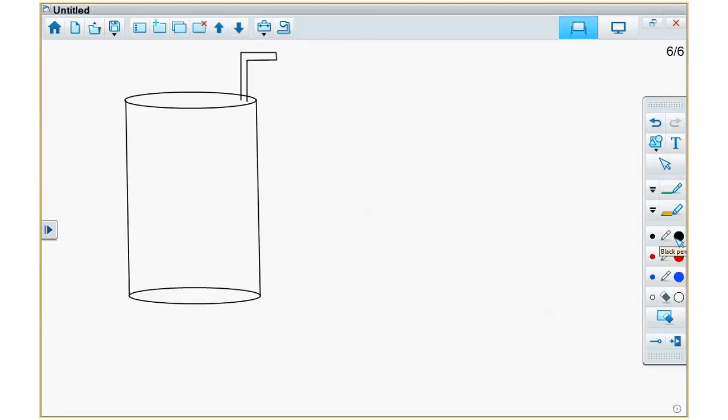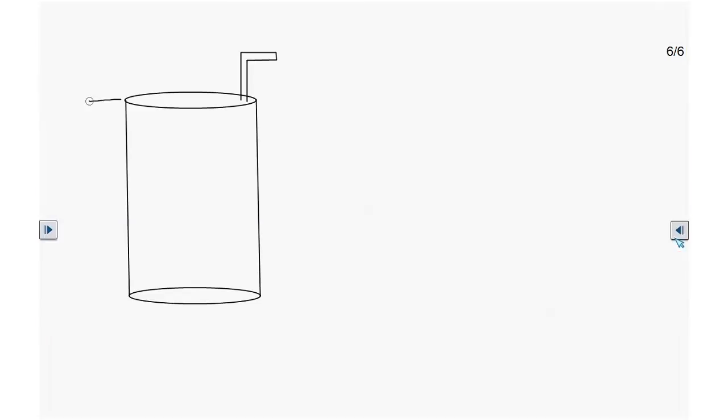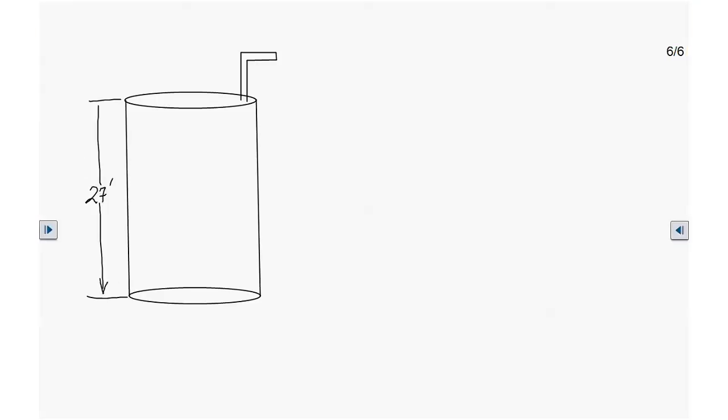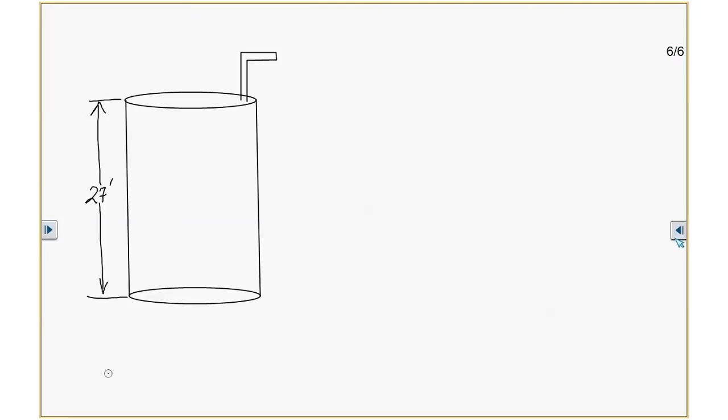Now this distance, I'm looking 27 feet. Couldn't find the distance, it was covered up. 27 feet. What kind of unit is this? Standard units. So that means less work.